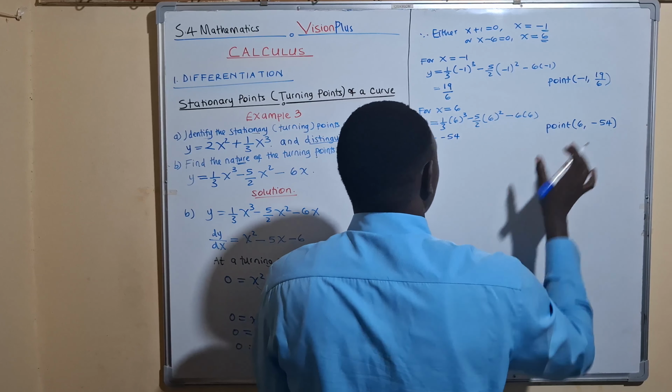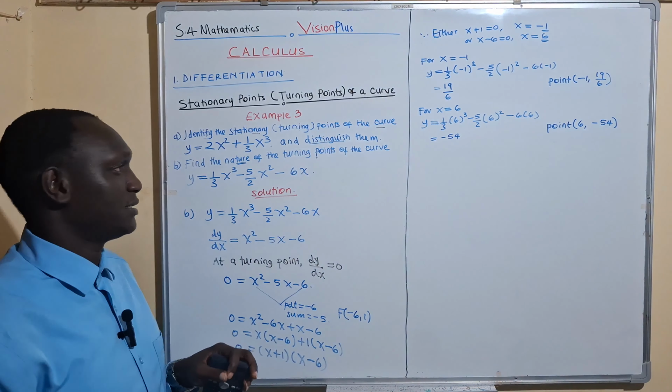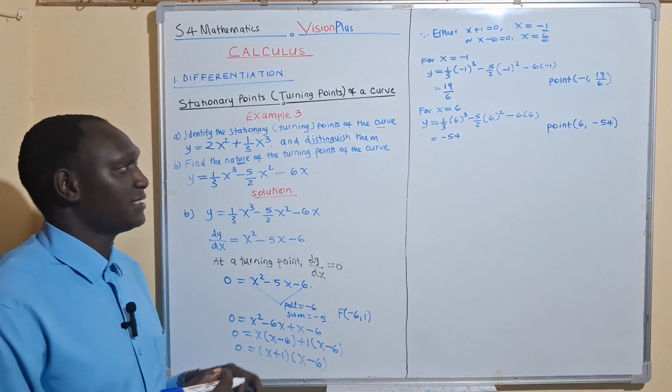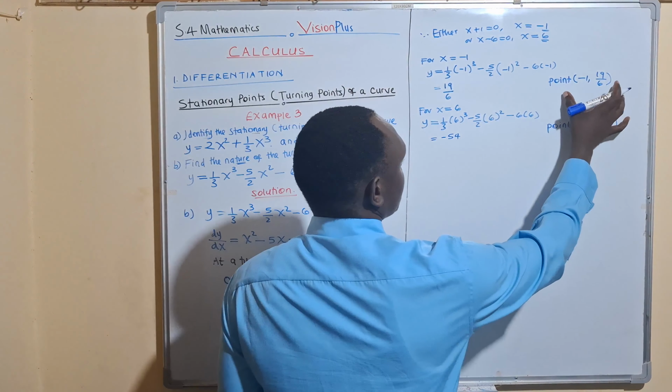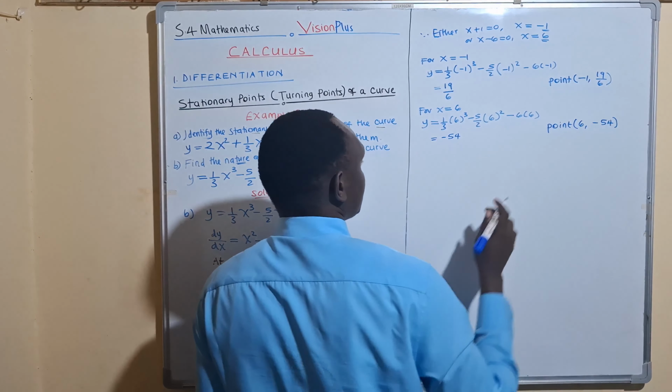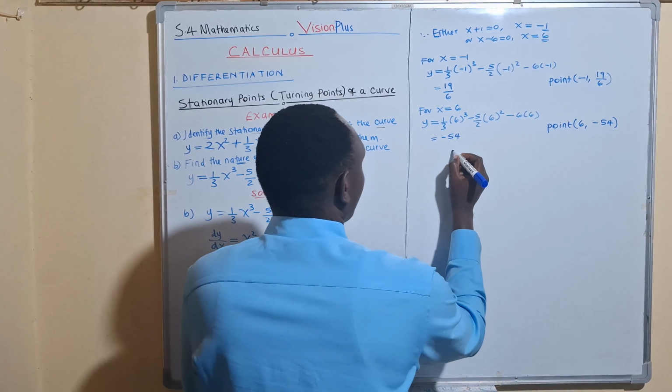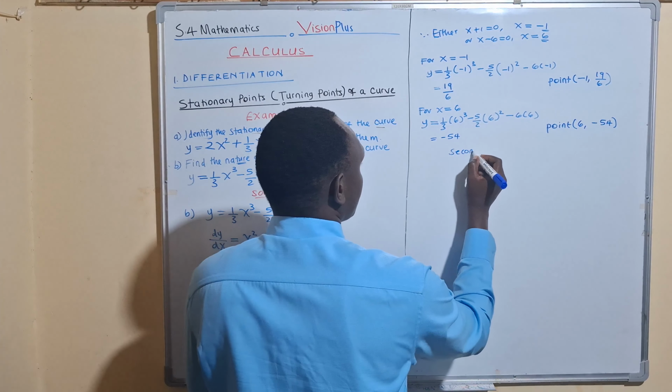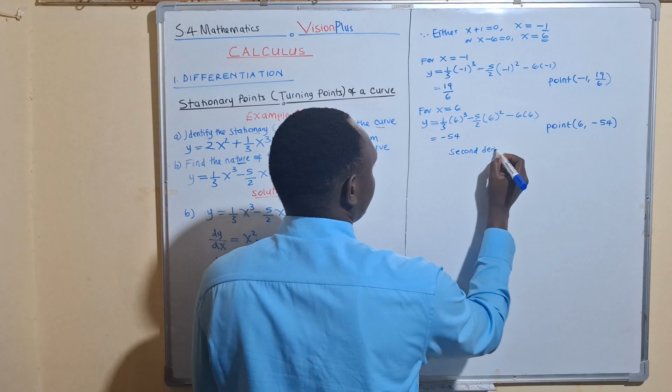Now these are the turning points. We have got the turning points. Now let us get the nature. Let us tell whether this point is a minimum, maximum, or a point of inflection, as well as the second point. For us to tell, we need the second derivative.